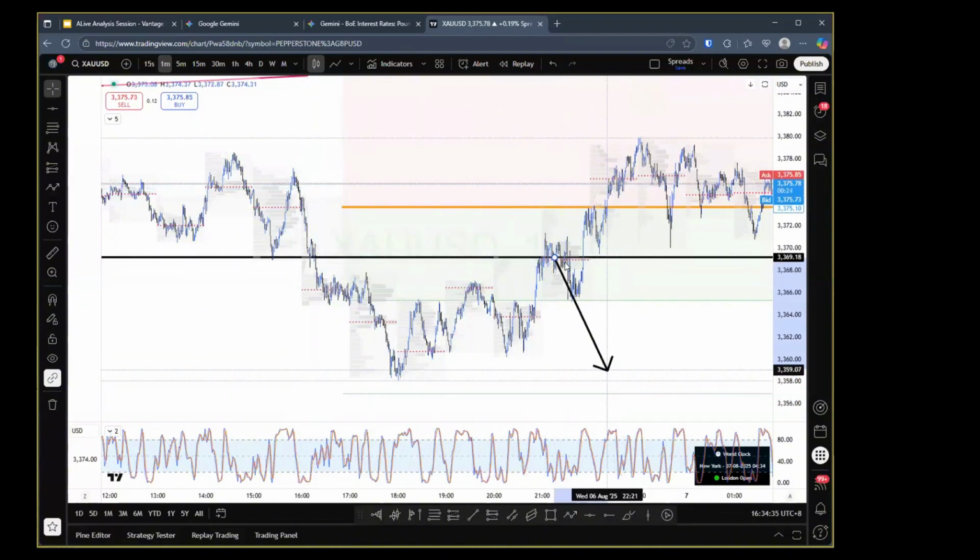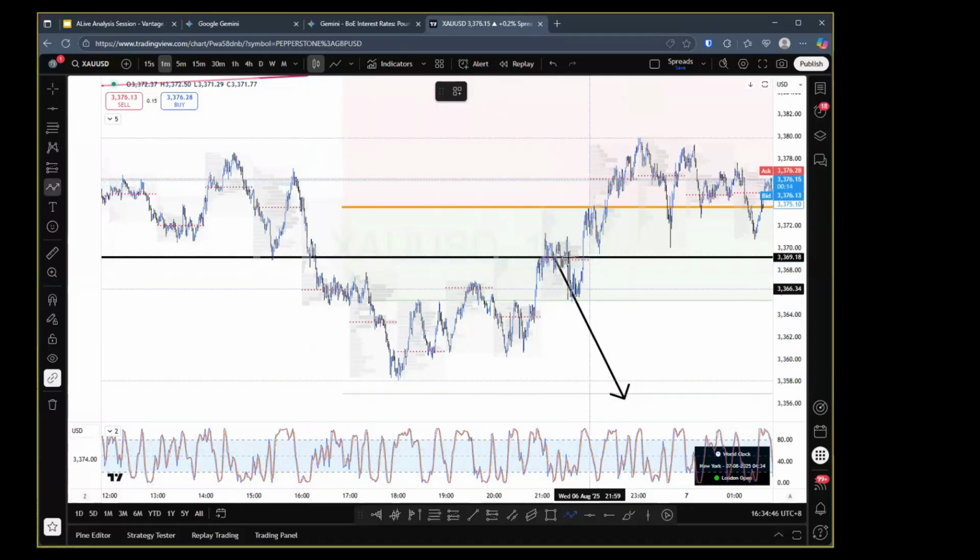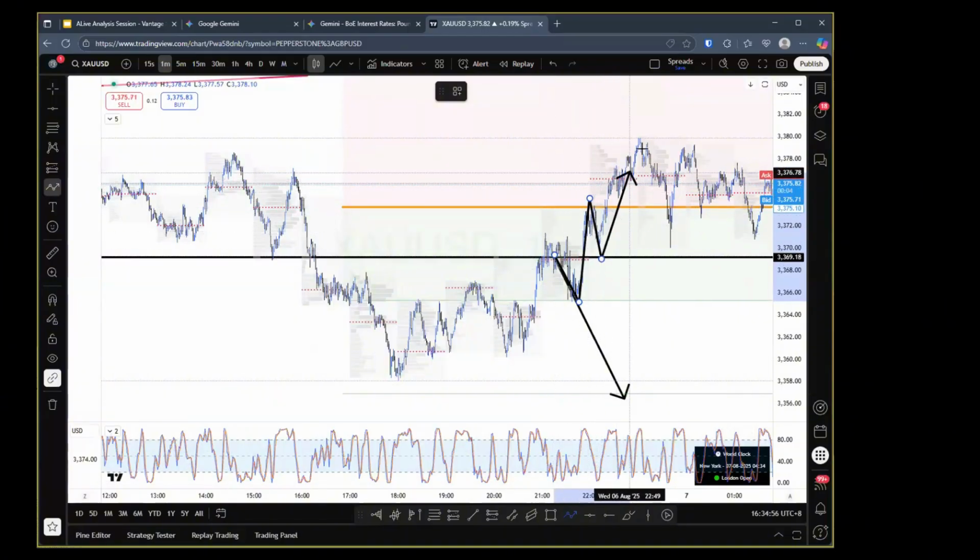And if it takes too long to do this, the sellers will start to get impatient and they'll try to get out of their position at break even or at a small profit. When they do that, they will trigger this kind of movement. And then as it breaks above this high, this is going to bring in all of the buyers who are waiting for this high to be broken. And that's why you get that higher high.